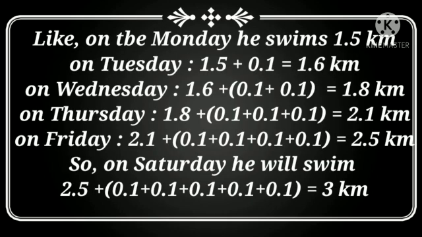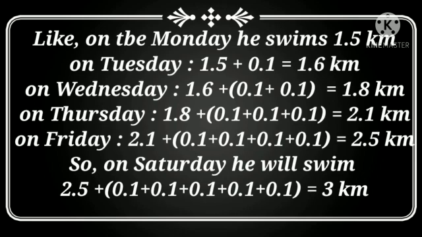Like on Monday, he swims 1.5 kilometer. On Tuesday, 1.5 plus 0.1 gives you 1.6 kilometer. On Wednesday, 1.6 plus 0.1 plus 0.1 gives you 1.8 kilometer.